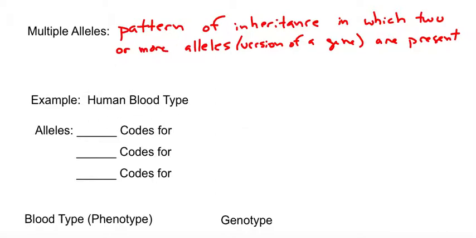Let me get my pen. In multiple alleles and blood typing, you've probably heard of different types of blood and what's rare and what's not.